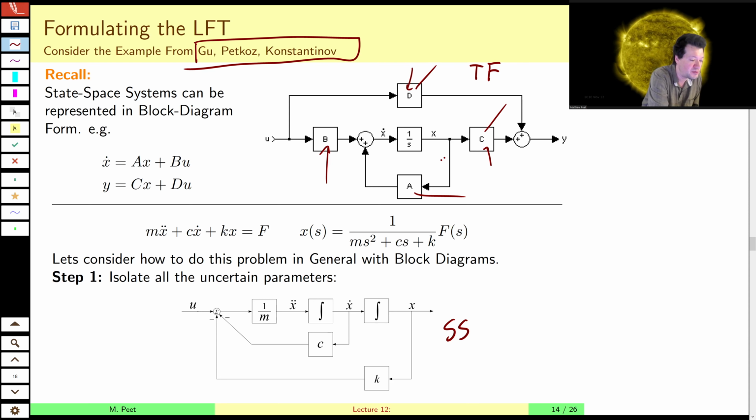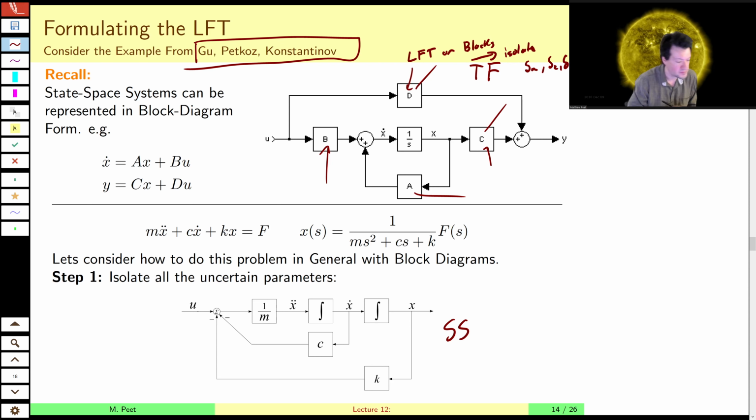Because these parameter blocks are multiplication by the system matrices, and the system matrices have the uncertainty in them, and so we're going to do an LFT on these individual blocks. And that'll allow us to isolate the uncertainties, the delta M, delta C, delta K, and so forth.